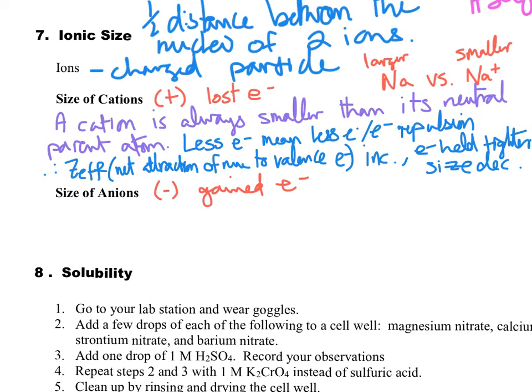Okay, let's talk about anions next. So an example of an anion is maybe fluorine versus fluoride. Well, it turns out that anions are always larger than their parent. Neutral atoms are smaller than the anion. So let's write that down.